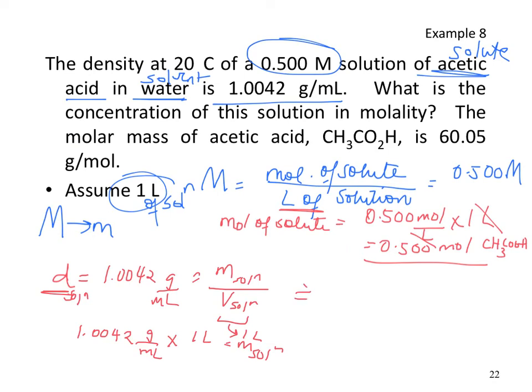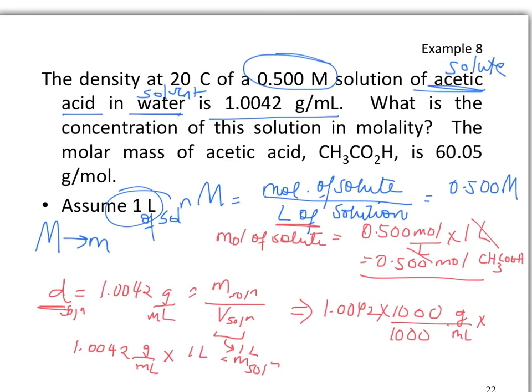So I'm going to say 1.0042 times 1000 divided by 1000. We are just going to do that. So that will be grams per milliliters times 1 liter.